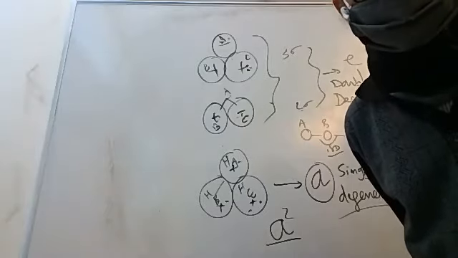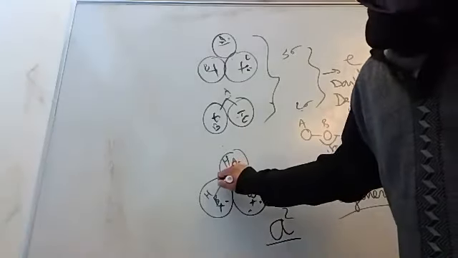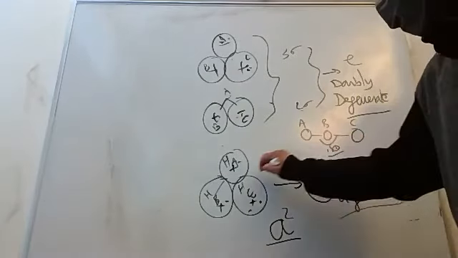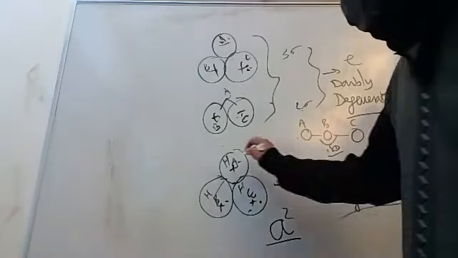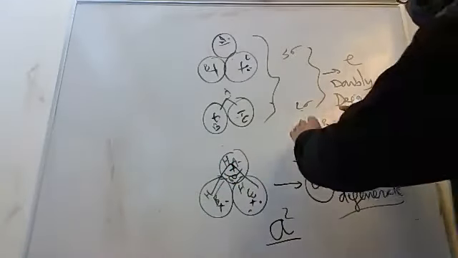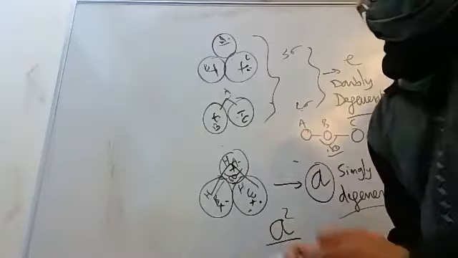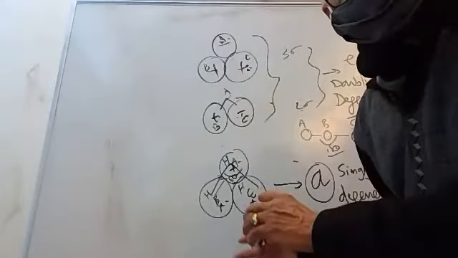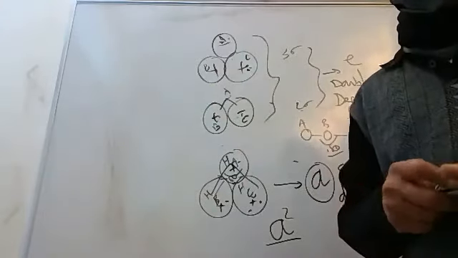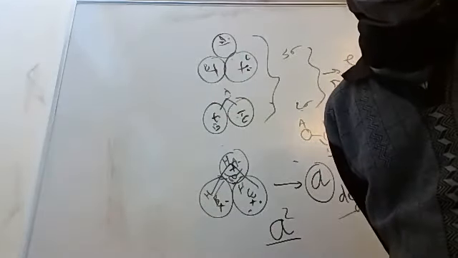That's the only difference between the trigonal configuration and the linear configuration. In linear, the bond angle is 180. In trigonal, we have the bond angle of 60 degrees right there. So as you bend this molecule, you get from a linear to trigonal configuration. Am I making sense?